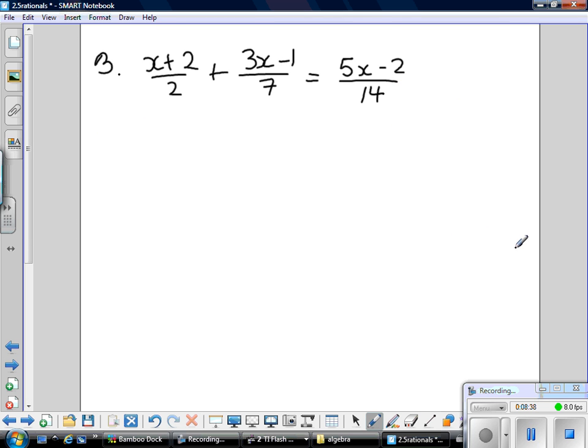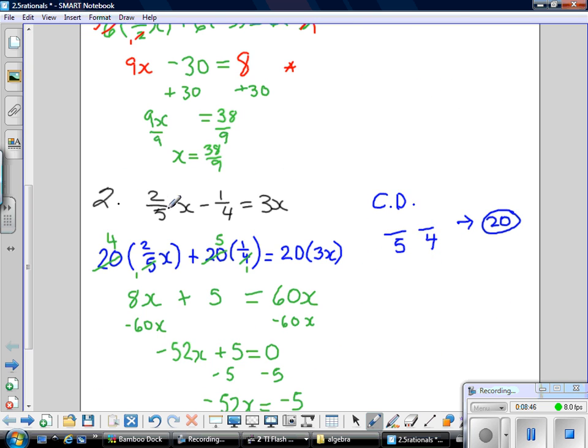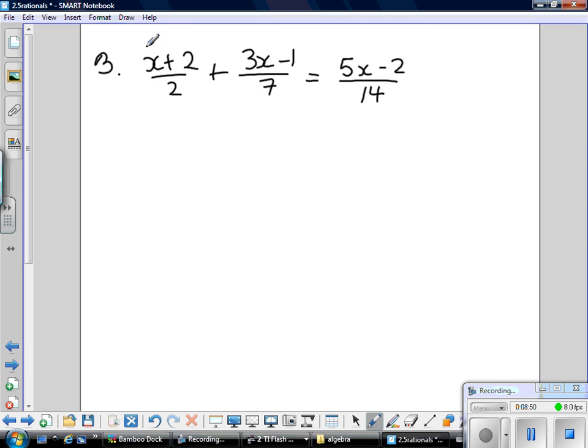And here's this one. Now, this one looks different, and the reason it looks different, let's just go back a second and see. Okay, compare this to this. The difference being is I have variables and numbers on top of fractions.